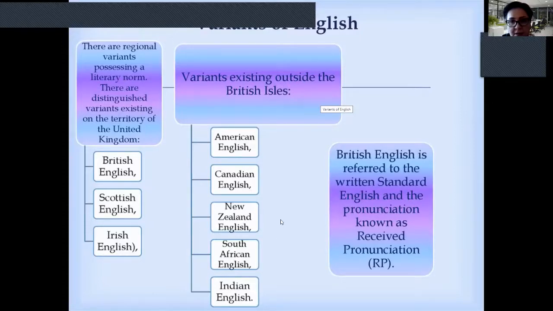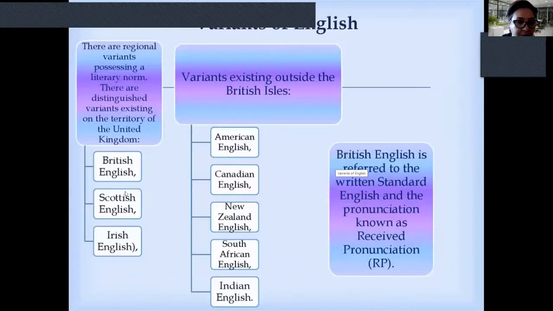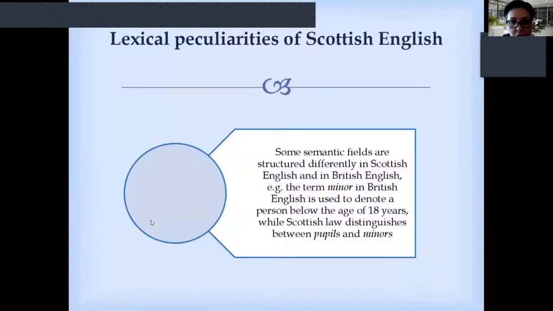Whereas British English refers to the written standard English and the pronunciation known as received pronunciation, RP. Variants of English in the United Kingdom, as I have already mentioned, are Scottish, Irish, and Welsh also.